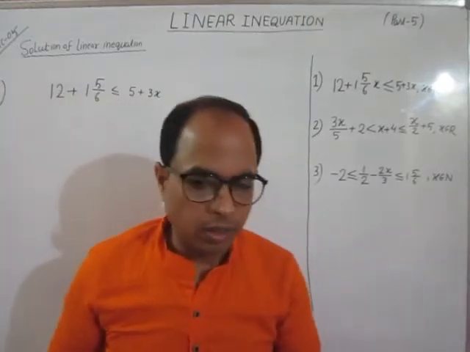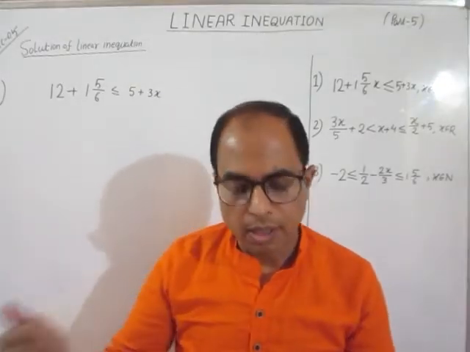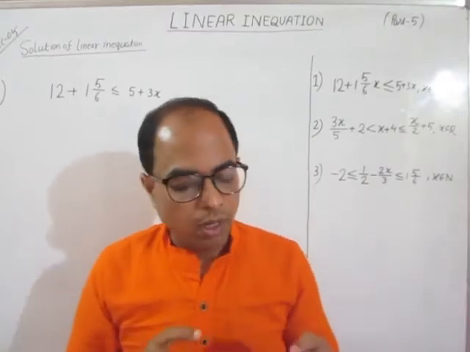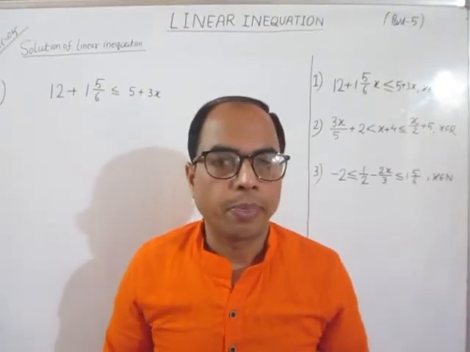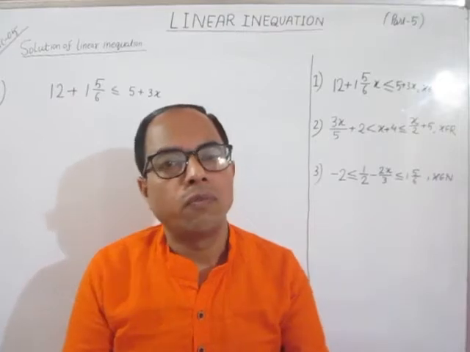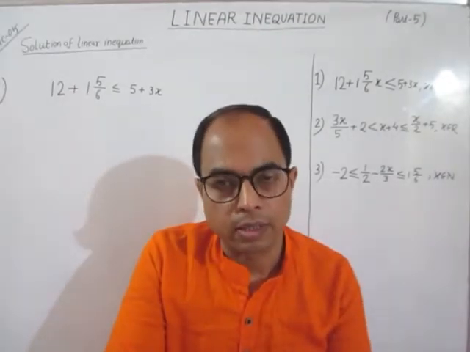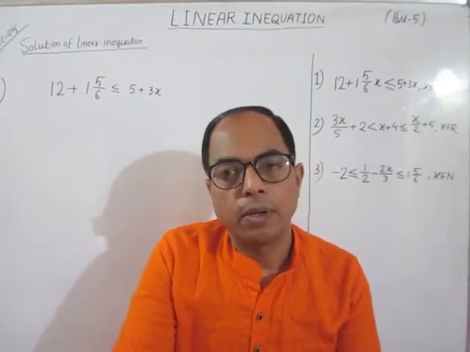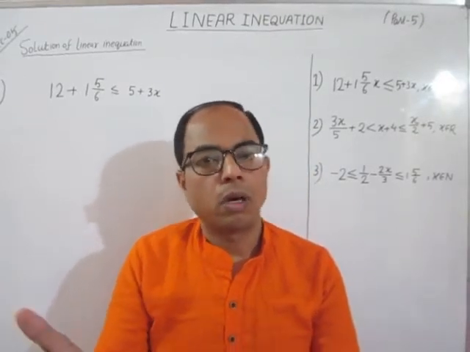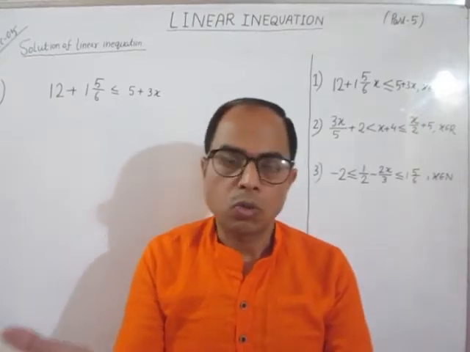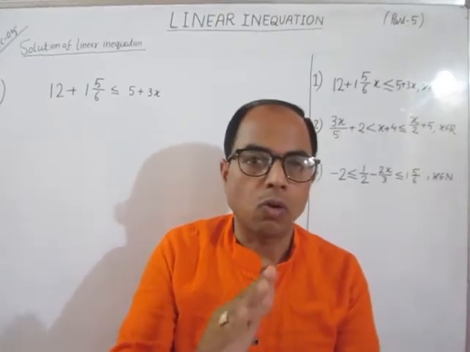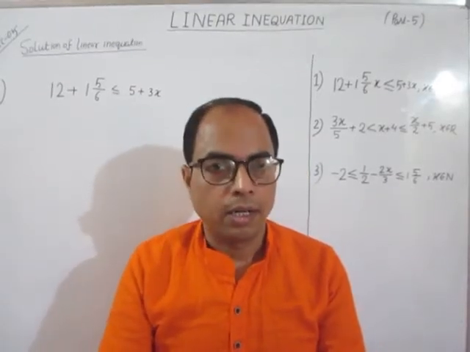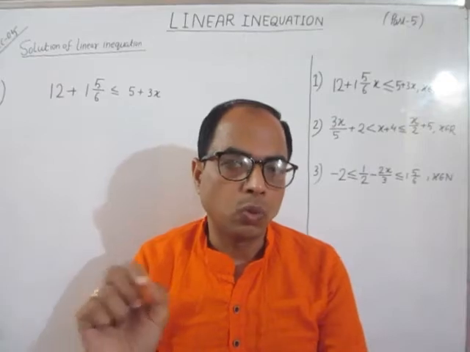Let me give some suggestions for the steps to be taken. First step, make the inequation free from fractions or brackets if there are any. Second step, bring all the terms of x towards one side and the constant terms which are free from x towards the other side.